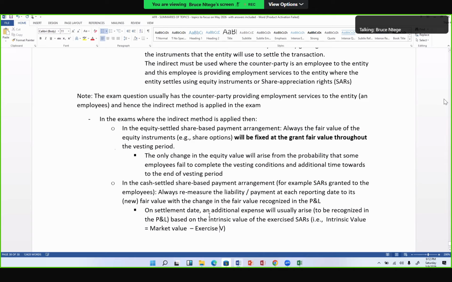Okay. Now, as we prepare to look at a question, remember on day one or day two, I talked about IAS 12, where I talked about deferred tax issues. And remember, I gave you 4 tips of how to determine the type or the angle of the temporary difference, either taxable or deductible. Now, I want to give you the principle that in terms of share-based payment arrangements, whether equity settled or cash settled, the deferred tax implications are coming from a different angle.